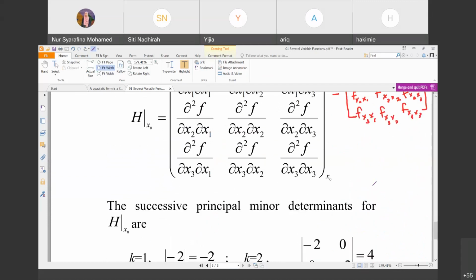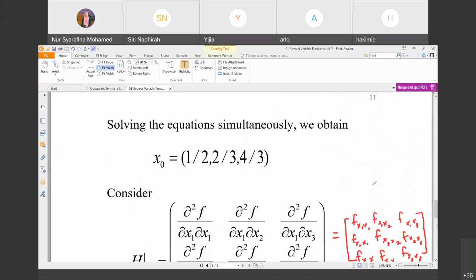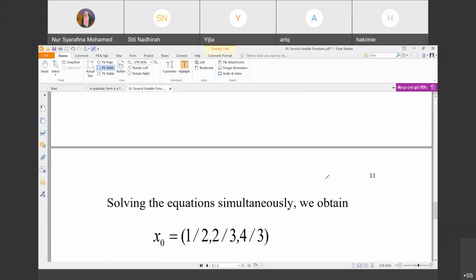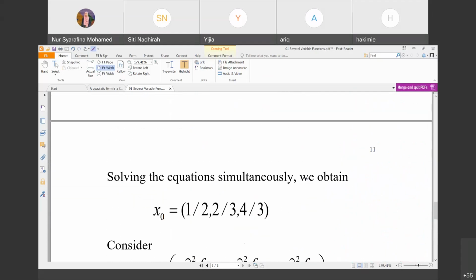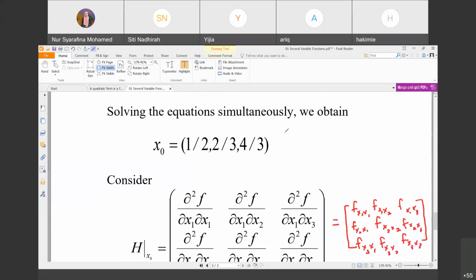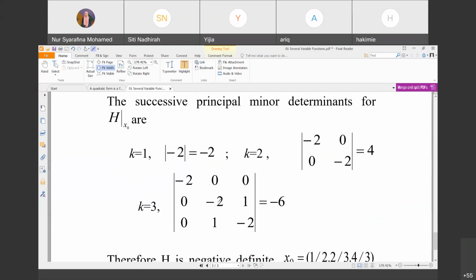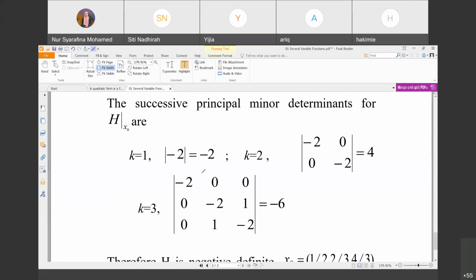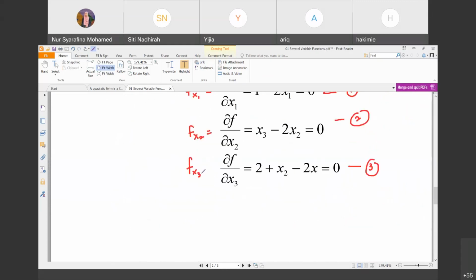Okay, so now let's do this. We have fx1, fx2, fx3. In order to get fx1x1, you differentiate this again with respect to x1. That's why you have minus 2.